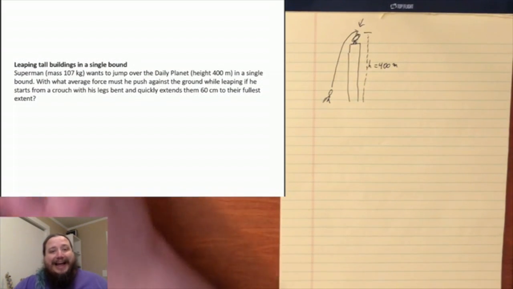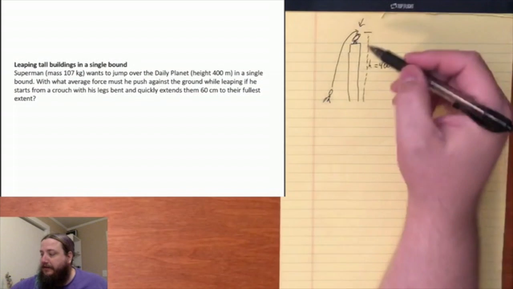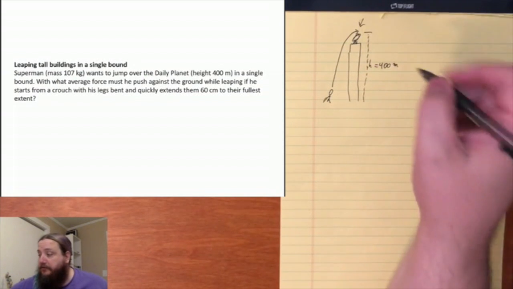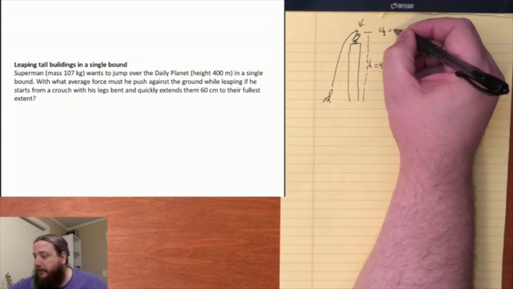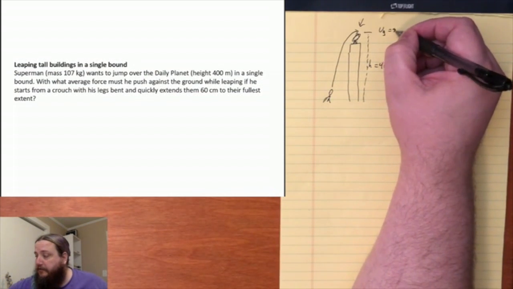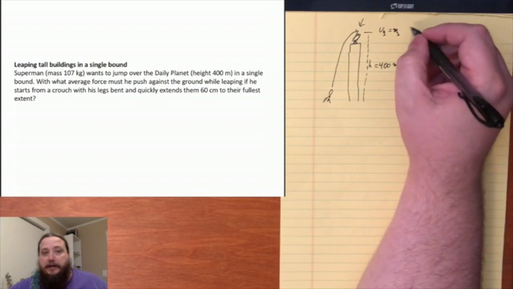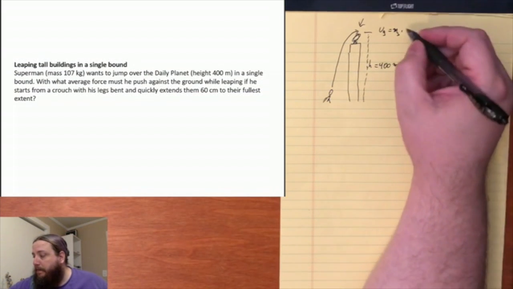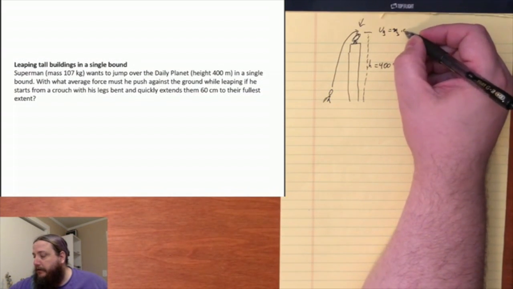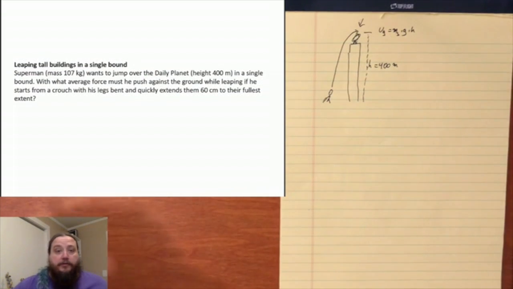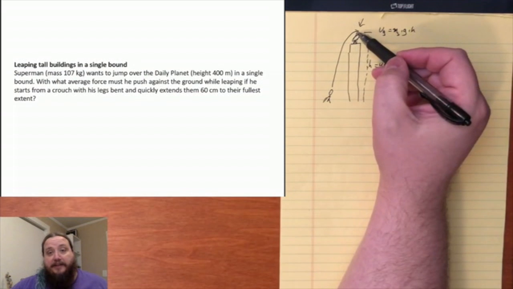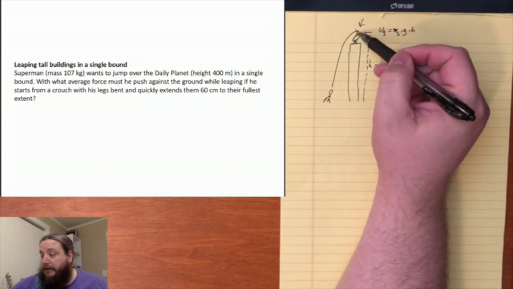But how does he get there? Well, to get there, he would have to have a certain amount of energy, right? There's a gravitational potential energy up here of his mass of Superman times the gravitational constant times this height. So there's a certain amount of energy he has to have in order to be up there.